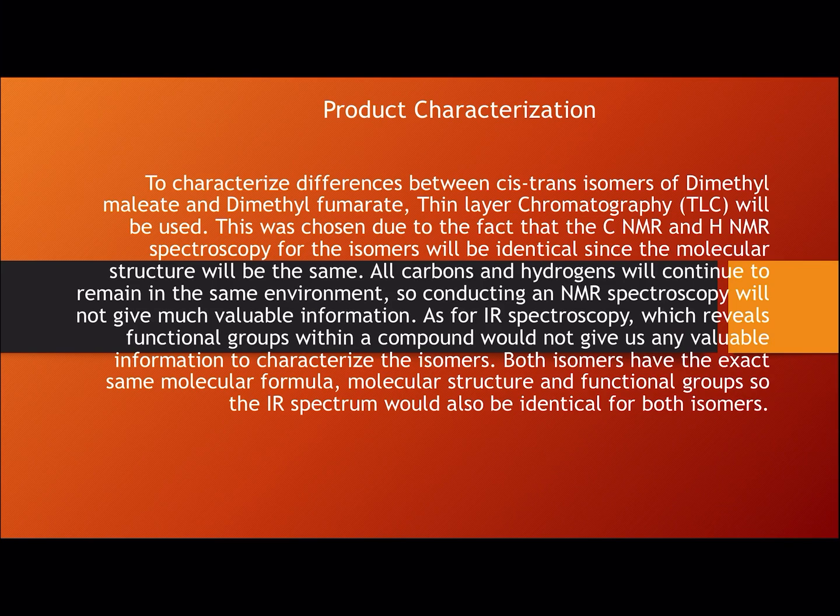With IR, we wouldn't really see a difference because of the same functional groups that both dimethyl maleate and dimethyl fumarate share. HNMR wouldn't work as well. So TLC, because of the polarity difference in the 2 products, would work because that would separate them perfectly, right?